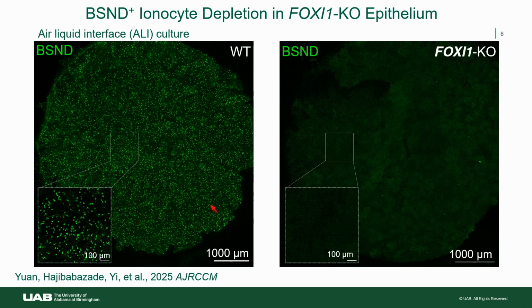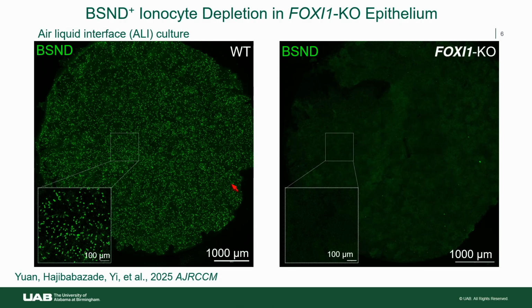Then next we generated our air-liquid interface culture system. So this is a new culture system derived from ferret nasal basal cells, which can maintain very stable ionocyte numbers during the culture. As we can see, the wild type ferret culture system displays a good number of ionocytes.